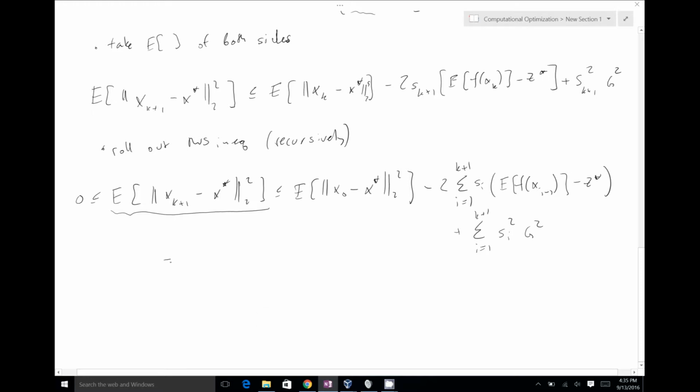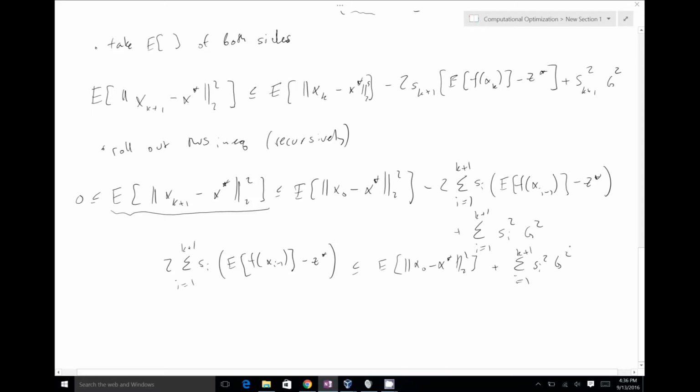So I have 2 times the sum from i equals 1 to k plus 1 of s_i times the expectation of f of x_{i-1} minus z star is less than or equal to the expectation of the distance x_0 to x star squared, plus the sum of the s_i's, i equals 1 to k plus 1, squared times g squared.